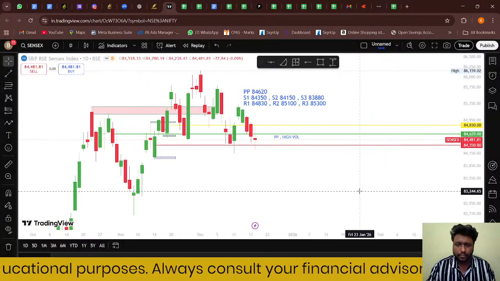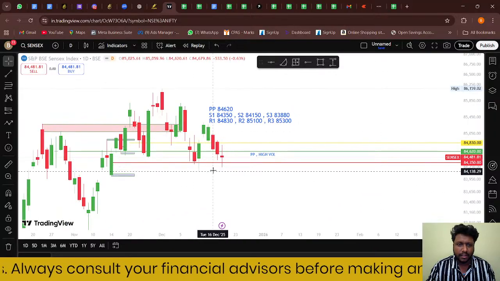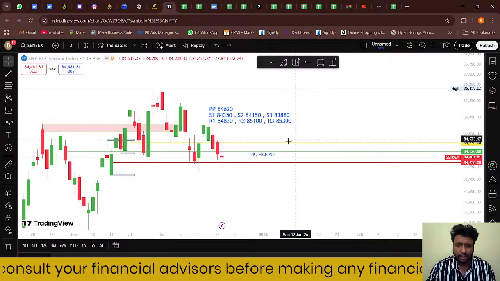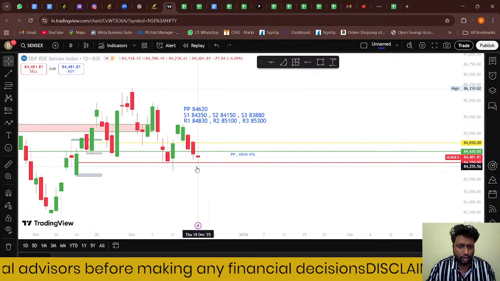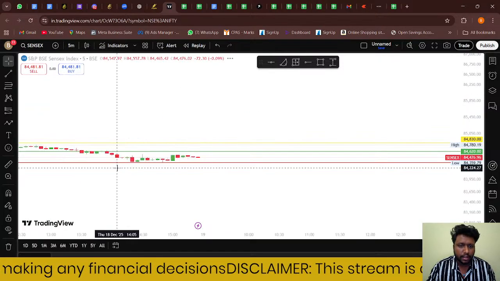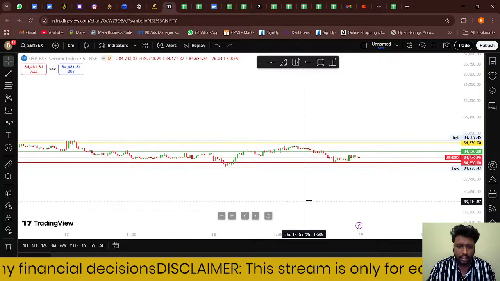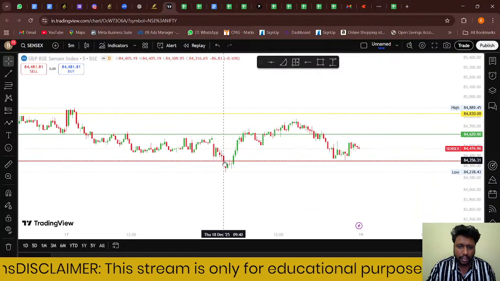Sensex is a bit different from Nifty somehow. It had a similar movement to Nifty, but the entry possibilities were lighter with respect to me yesterday. If you see on the 18th, it started over here and came down.